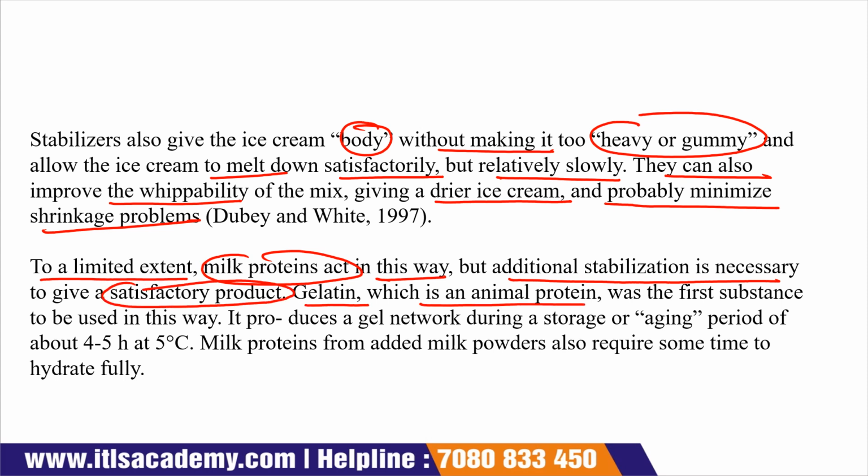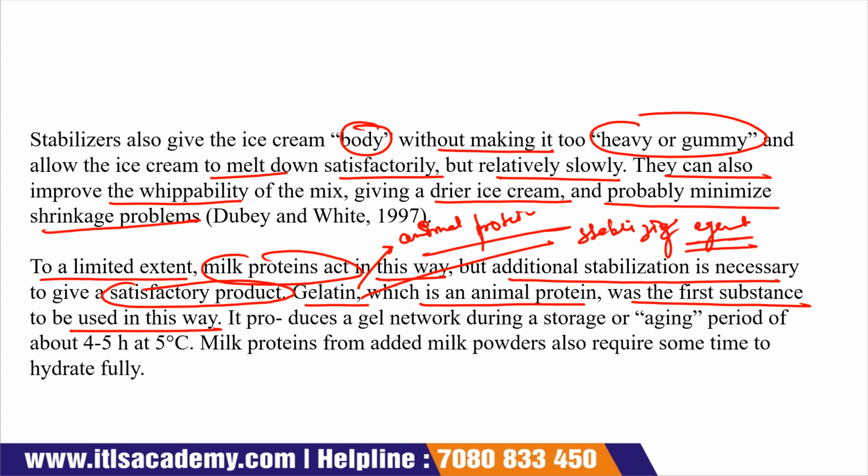Gelatin, which is an animal protein, was the first substance to be used in this way. We all know that gelatin is an animal protein, so gelatin can be used as a stabilizing agent in the case of ice cream.